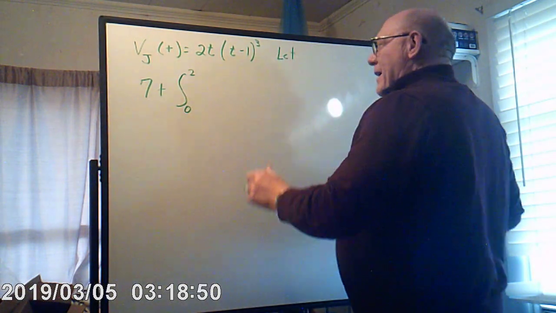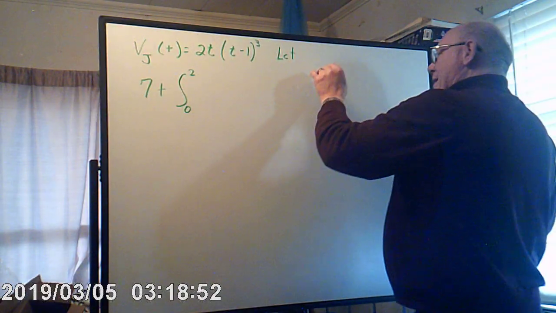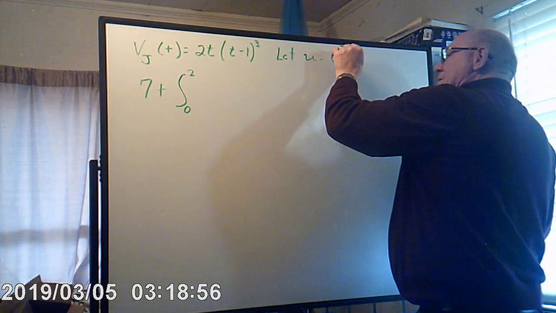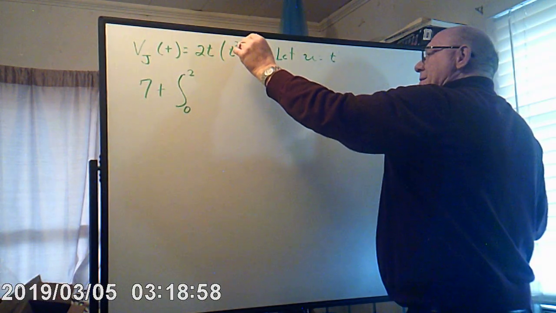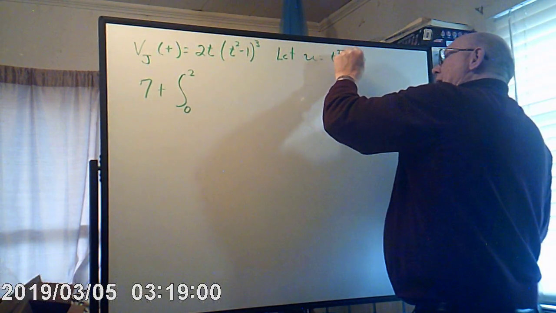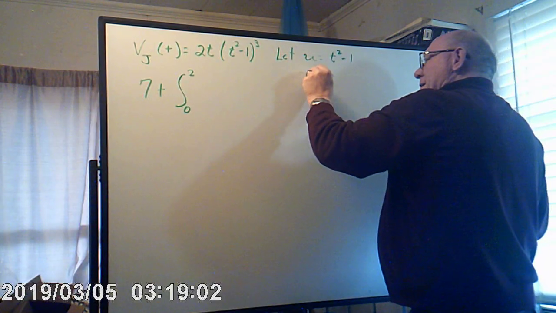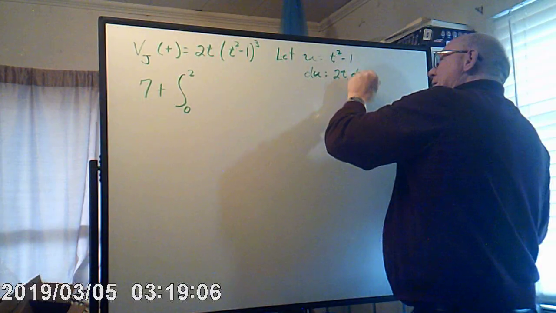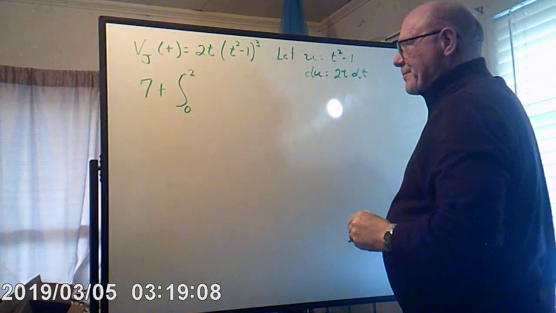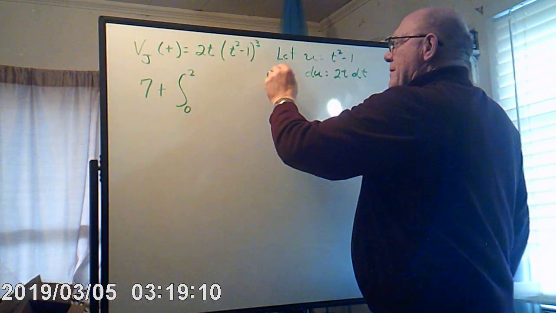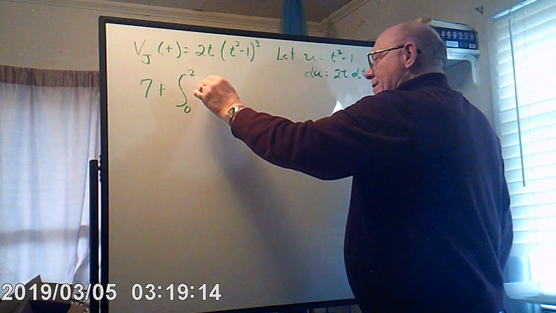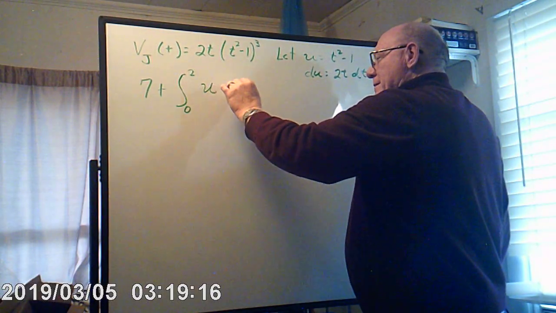Now, I think what we had is we said let u be equal to t squared minus 1, then du is equal to 2t dt. So what we have here is u du.